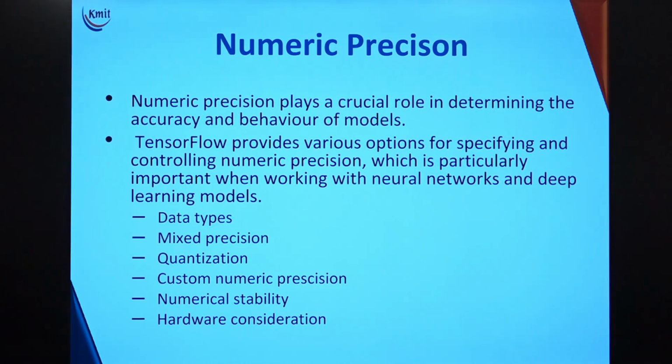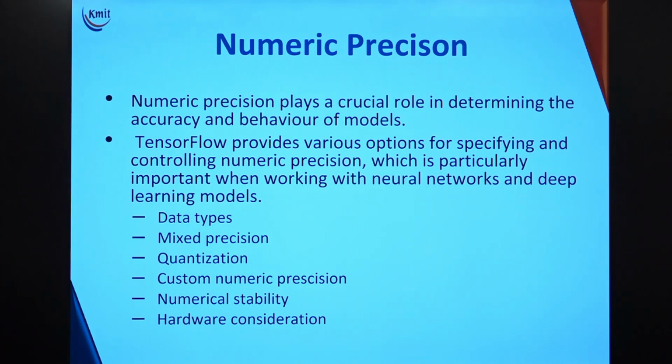So TensorFlow includes functions and techniques to enhance numerical stability in these deep learning models which use specialized activation functions, weight initialization methods, or whenever you are going for vanishing gradient or exploding gradient, all these things need stability and TensorFlow provides that.